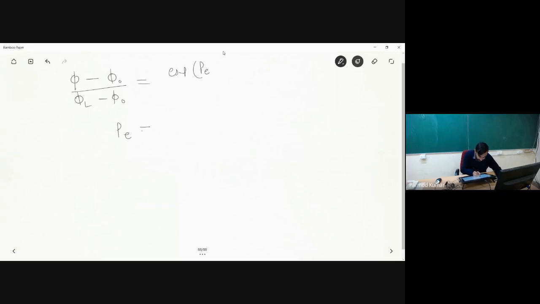What is the definition of local Peclet number? Local Peclet number is nothing but rho u into delta x, where delta x is the cell size, divided by mu.